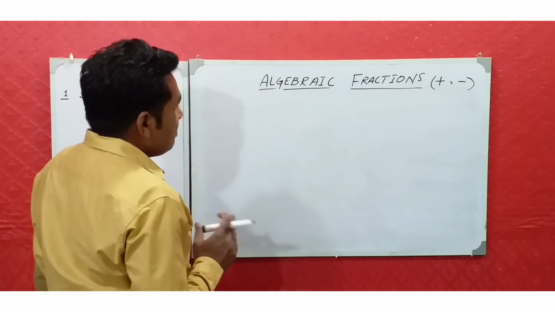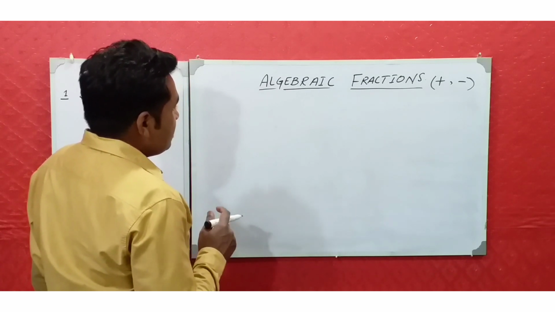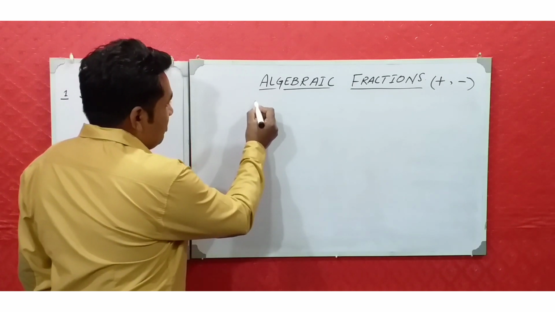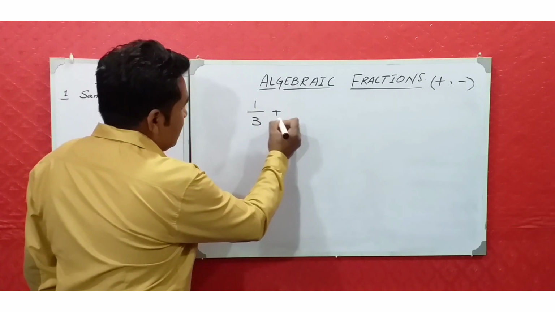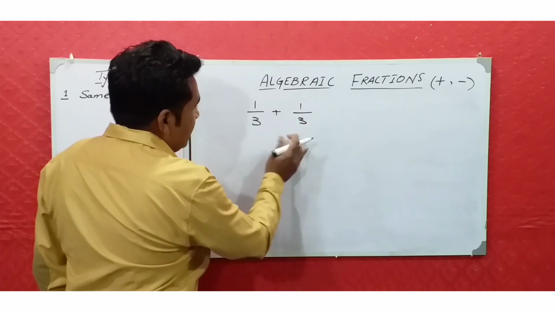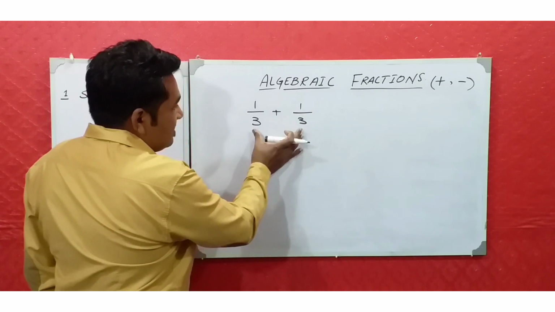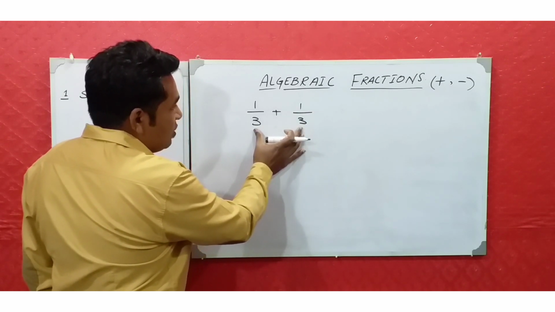When we solve arithmetical fractions of the same type, like 1 over 3 plus 1 over 3, both fractions have the same denominator.